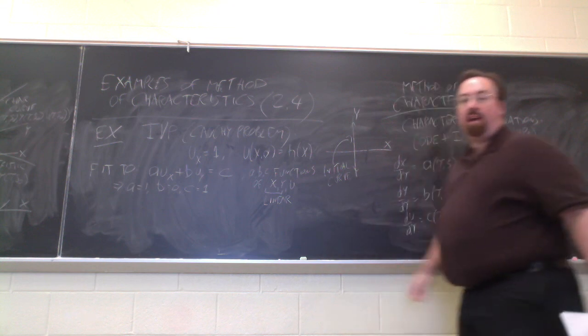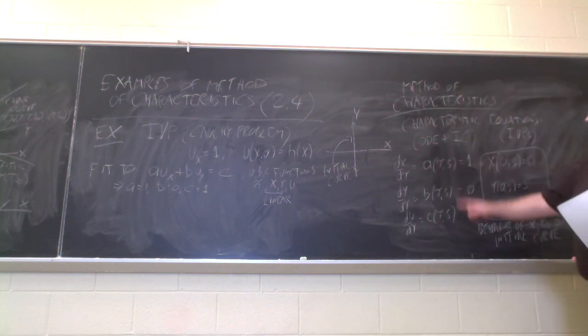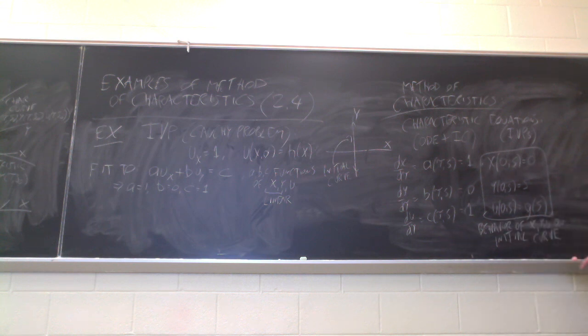Now all of your characteristic IVPs, the ODEs, are going to be exactly the same. But now we have x of 0, s is equal to s, y is equal to 0, and u is equal to h of s.